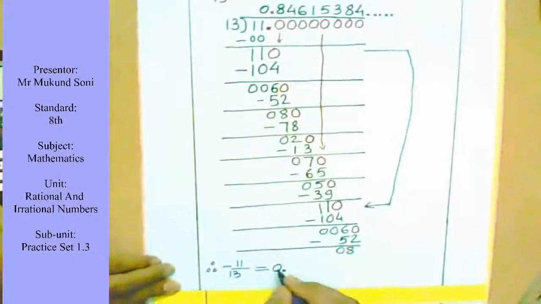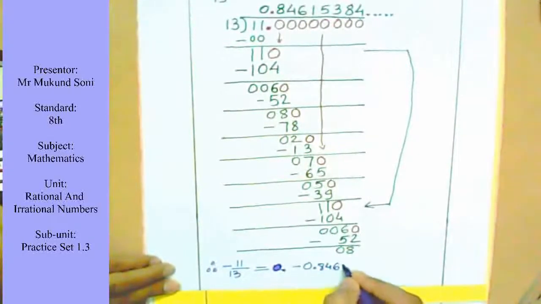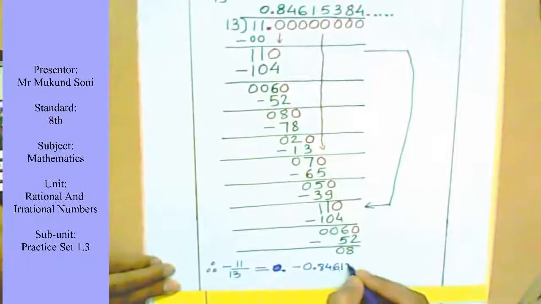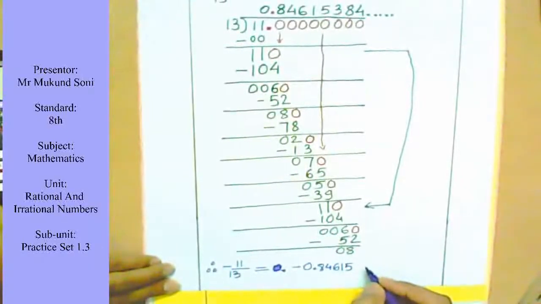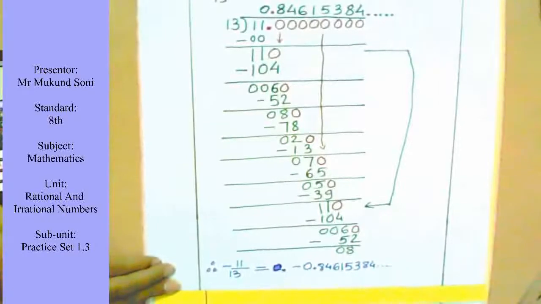See, I am running out of space. So erasing this one, putting negative here, and then 0, then decimal, and then my quotient, that is 8, 4, 6, 1, 5, 3, 8, 4 and dot dot dot dot dot.